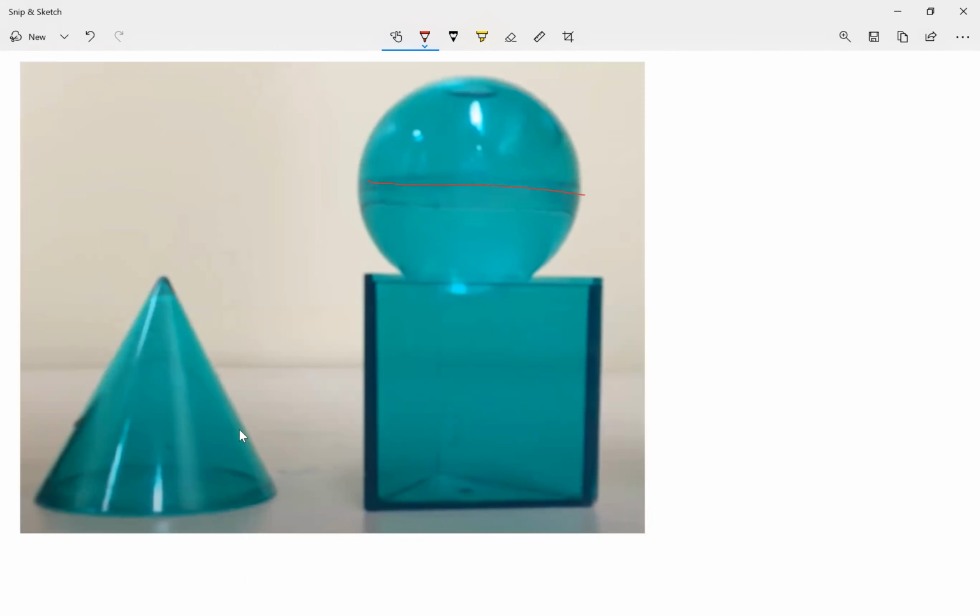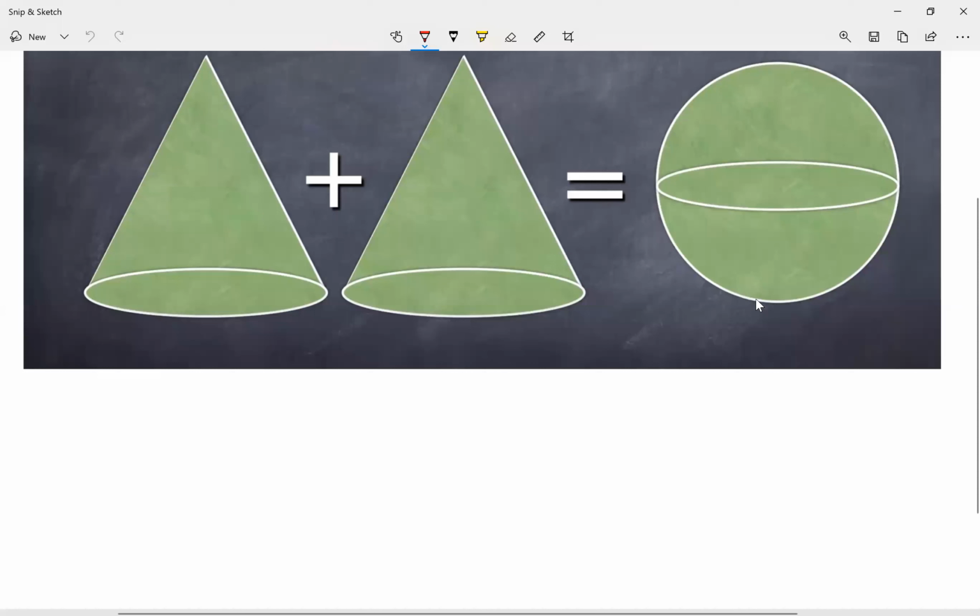One cone gave me half of the sphere. So based on that, two cones equal one sphere. If you don't believe me, you can try this at home, or come over to my office and I can show you. So two cones is one sphere.